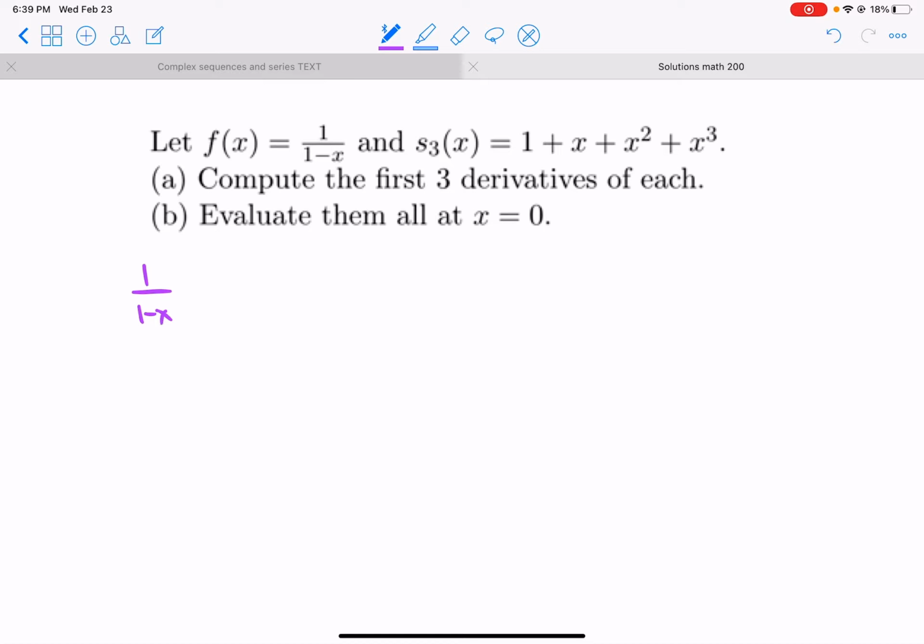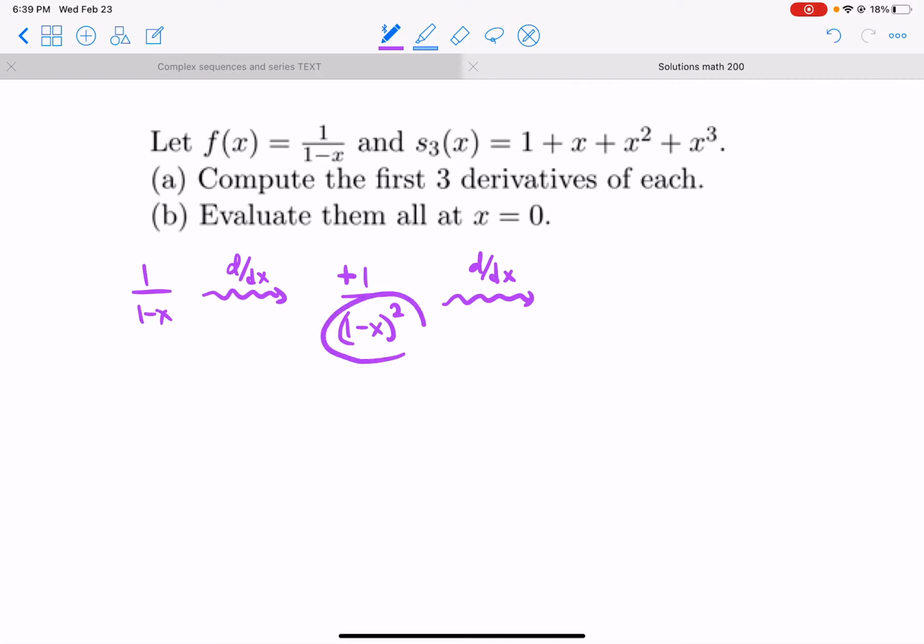1 over 1 minus x. Derivative gives what? Then the chain rule, I have to go in here and take the derivative of that, and that pops out another minus sign, which means a minus times a minus is a plus. Let's take the derivative again.